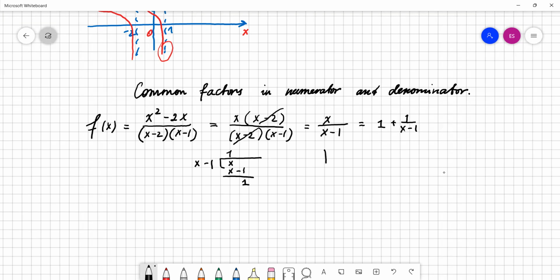And you can just graph it. You see that it's shifted 1 unit up and 1 unit to the right. Vertical asymptote 1 and horizontal asymptote 1. I'm going to write 1 unit up and 1 unit to the right.